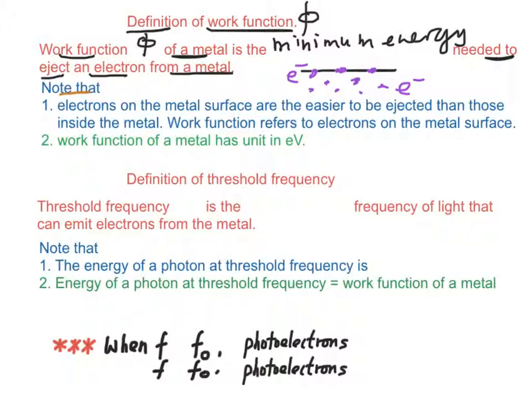Note that the electrons on the metal surface are easier to eject than those inside the metal. Therefore, the work function refers to the electrons on the metal surface. Also, the work function of a metal has the unit eV.